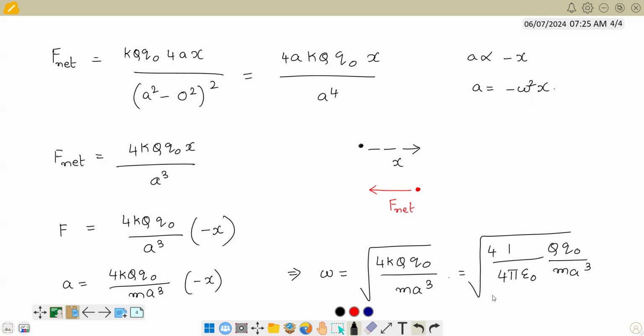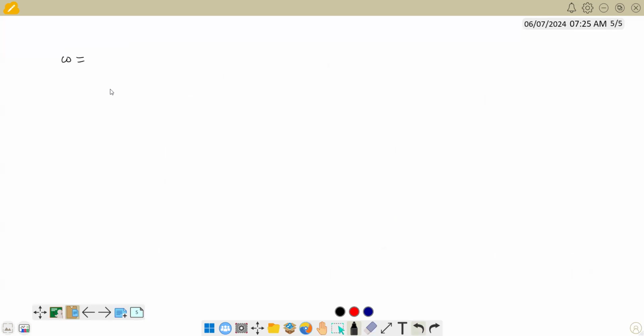So if we cancel 4 and 4, we'll get the value as q naught by pi epsilon naught into m a cube. So we finally get the value of omega equal to root of q naught by pi epsilon naught m a cube.